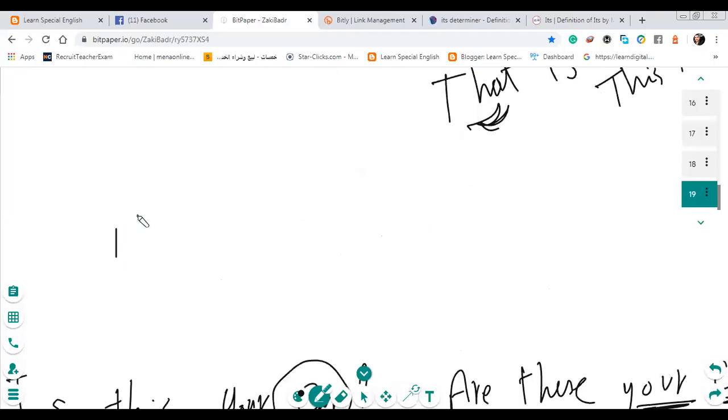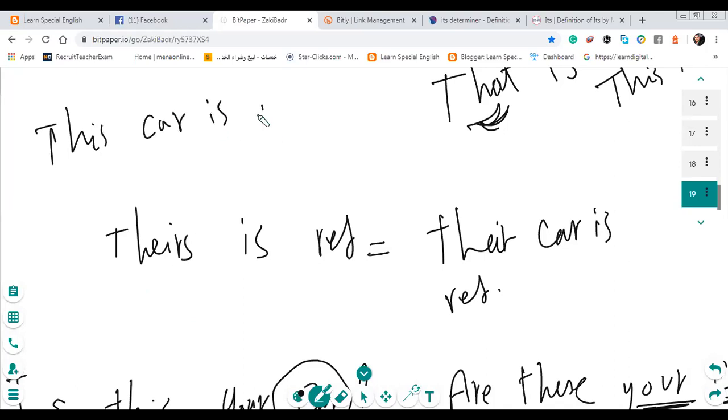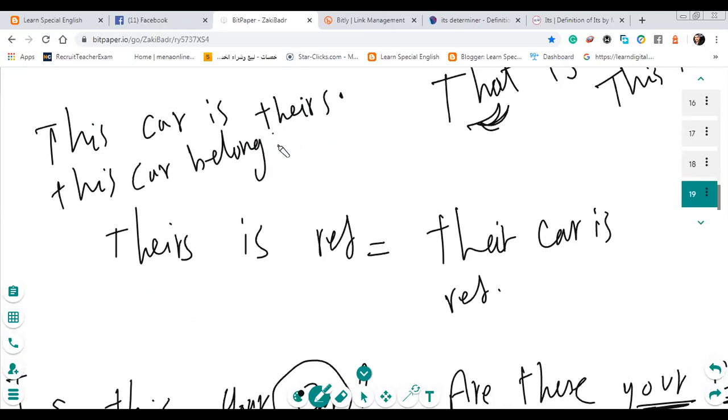Okay? And that's why we use their, theirs. Or this car is theirs. Means that this car belongs to them.